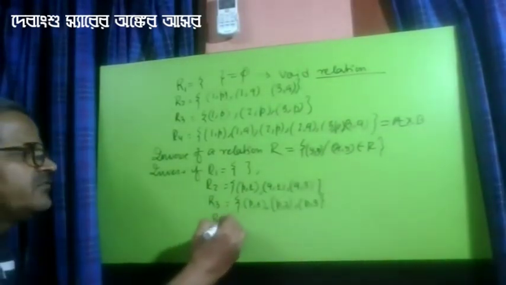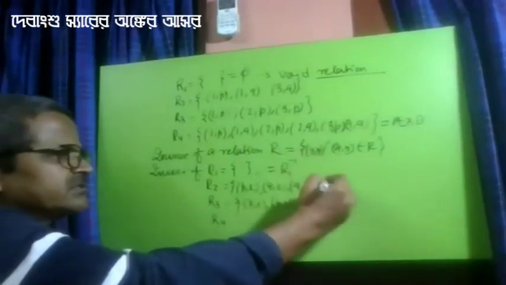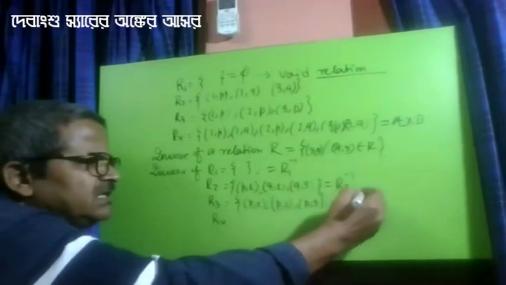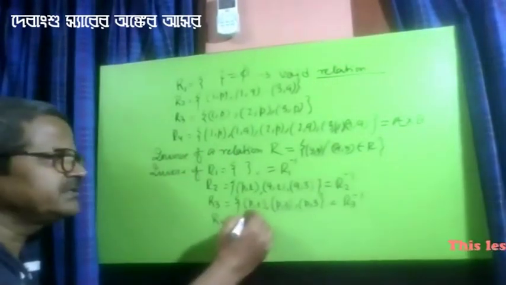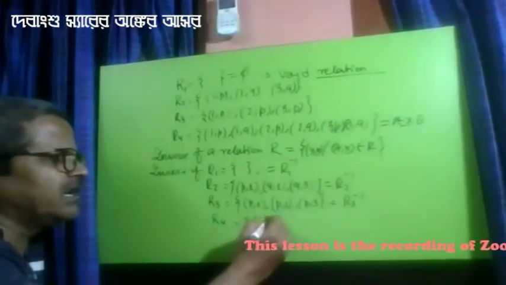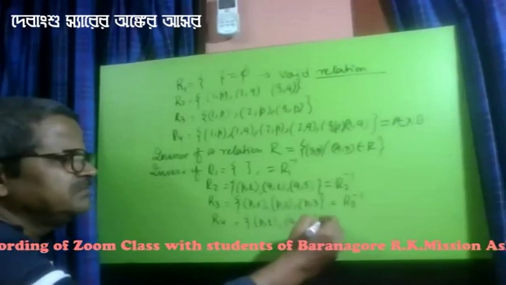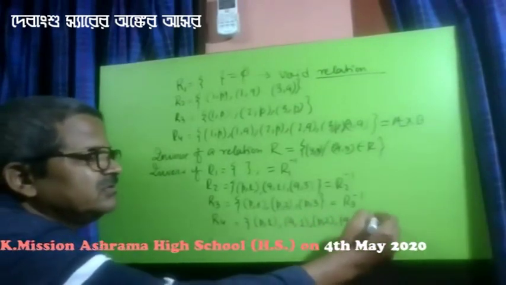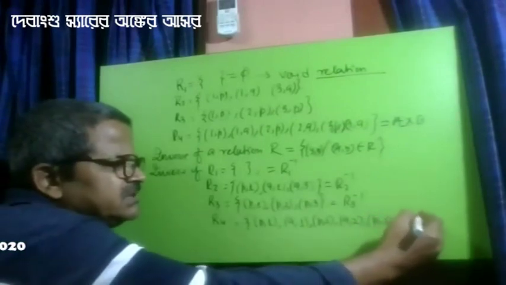And R4. And it is denoted by R1 inverse. So it is R2 inverse. It is R3 inverse. So in place of what will be? It will be P1, Q1, P2, Q2, P3, and Q3.